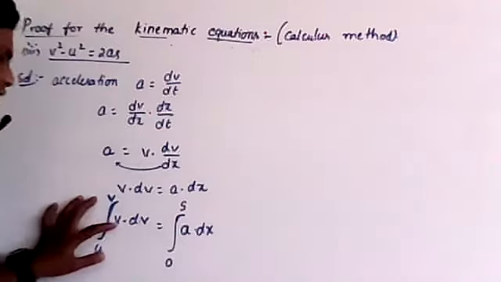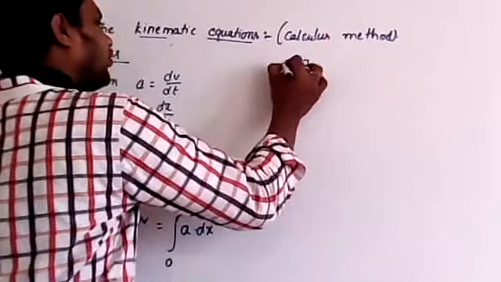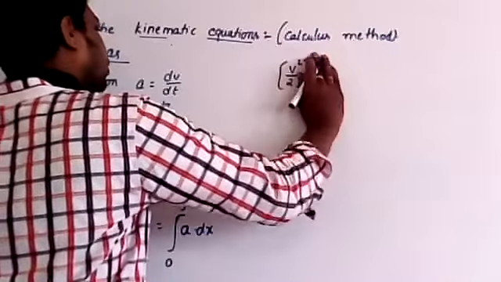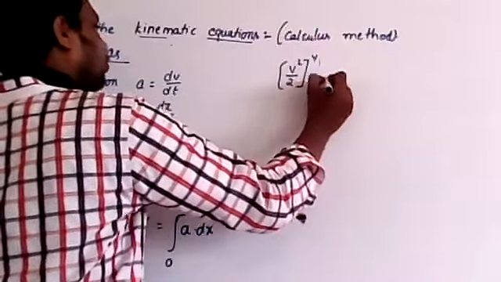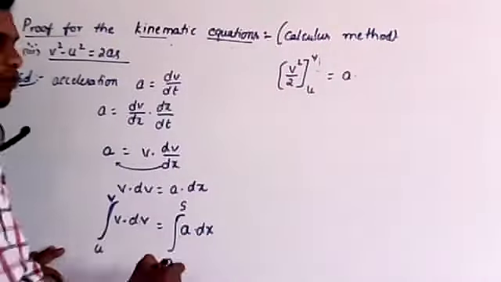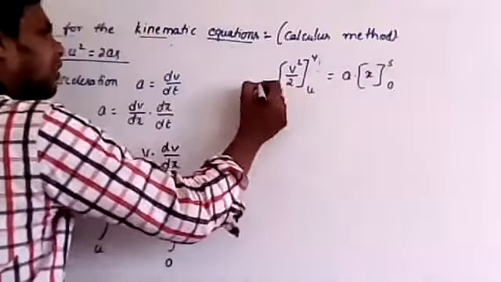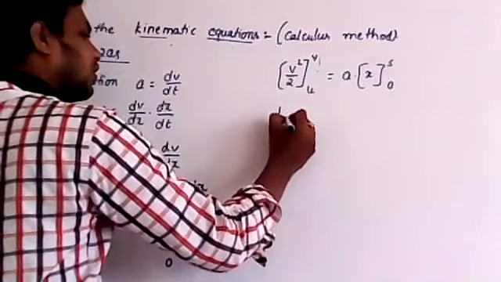Yeah, good. Now integration of v is v square by 2, between the limits v and u, is equal to a into integration of dx, whose value is x, between the limits 0 and s. I'll bring the 1 by 2 out of the integration.